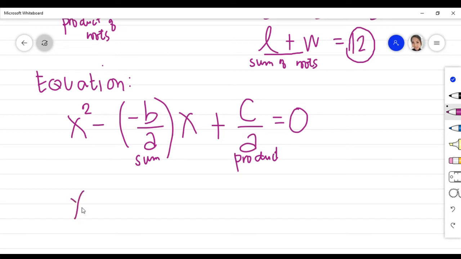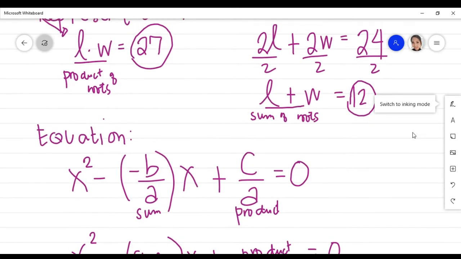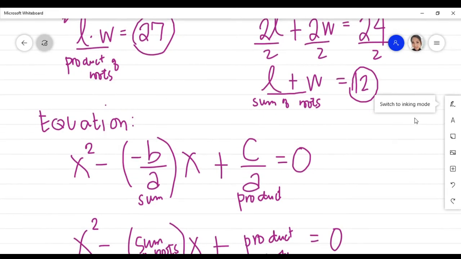So in simpler way of writing it, that is x squared minus our sum of the roots x plus c over a as the product of the roots equals 0. So we can do that because we are given with product to be 27 and the sum of the roots to be 12.